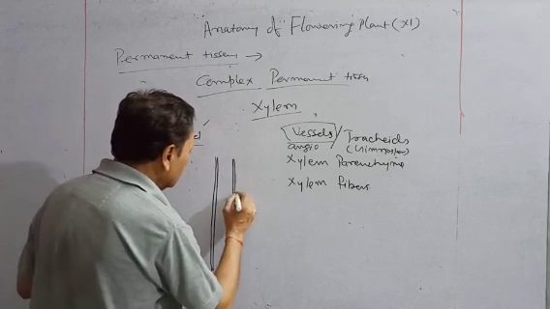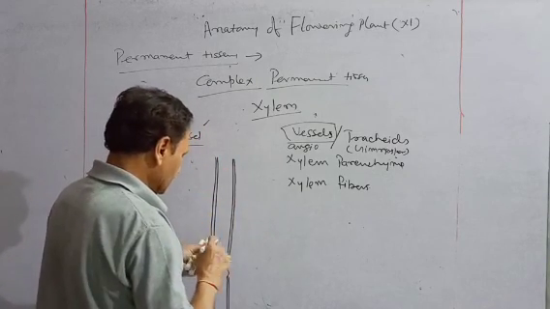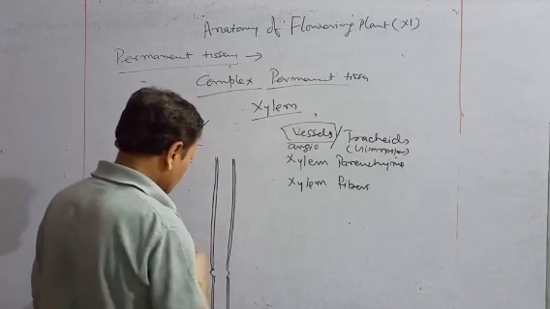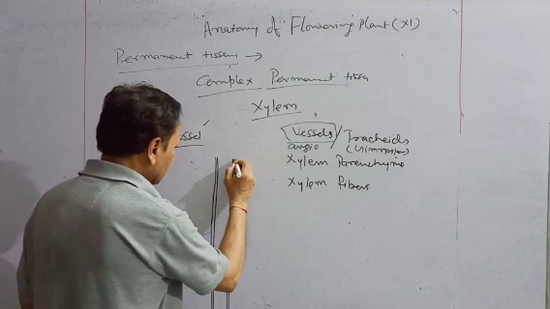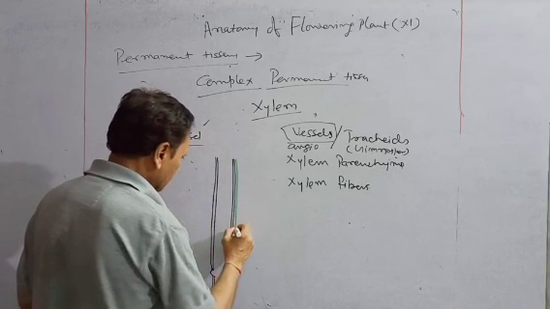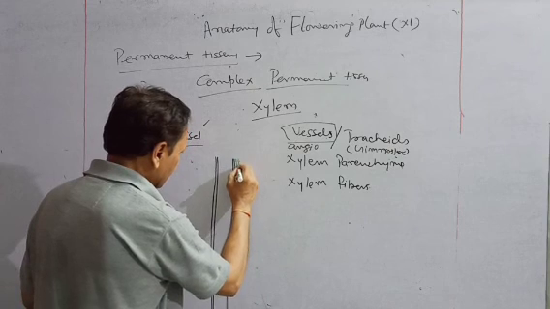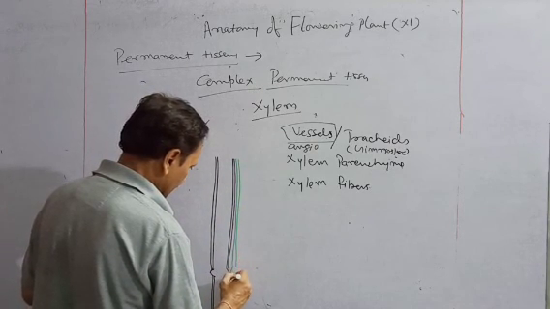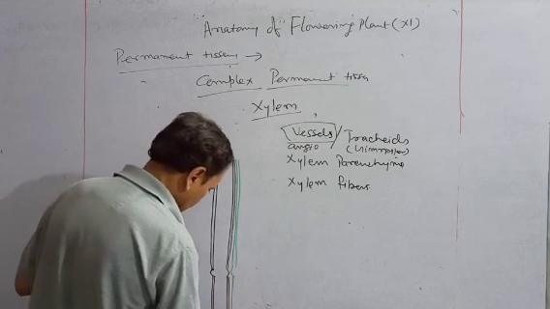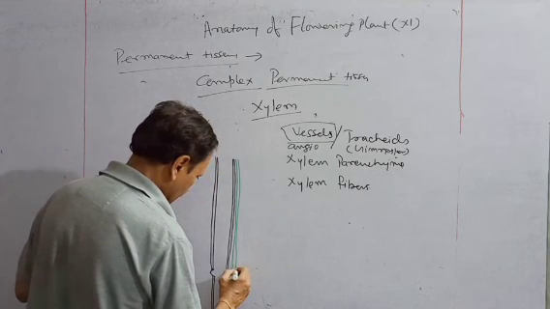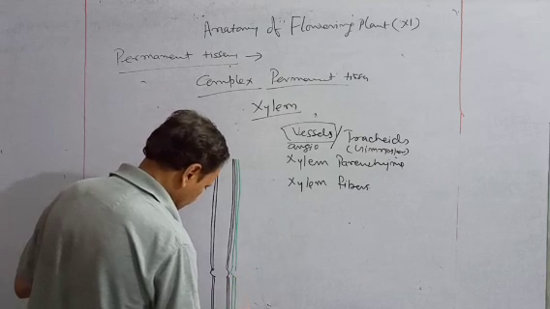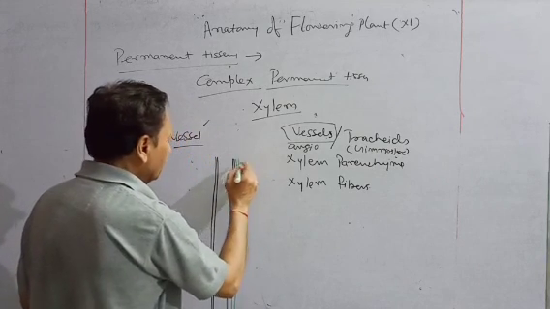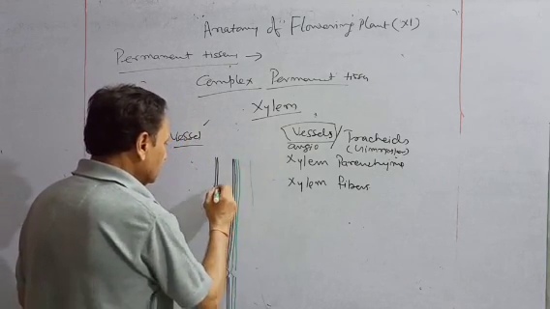Suppose this one is the first vessel. Now we will form the second vessel. The same way, suppose this one is there. This is called lumen.